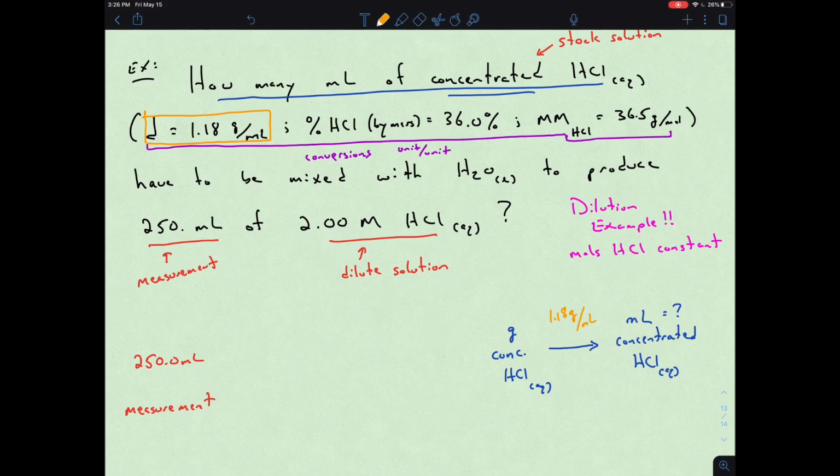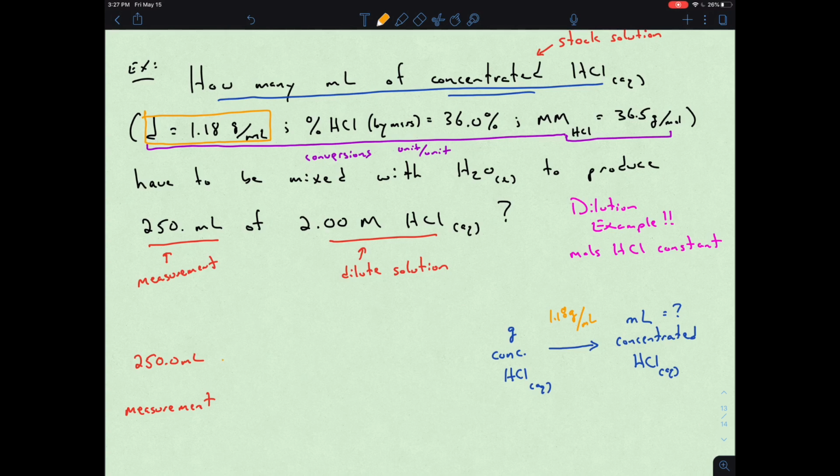I'm not sure what value to use to get to grams of concentrated HCl. I have a couple different conversions up there. I see percent HCl by mass. I see molar mass as well. And so this could be a point where things are getting a little confusing. Let's look at the beginning and see if we can use any information there.